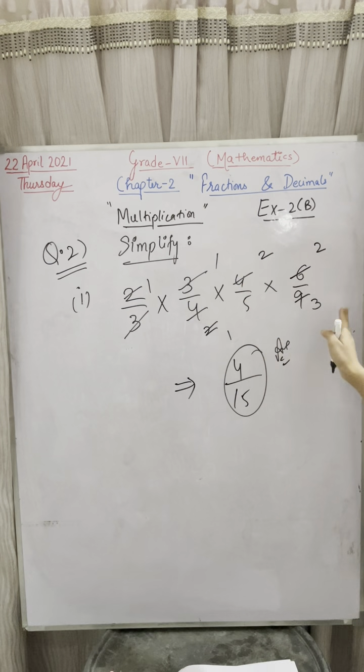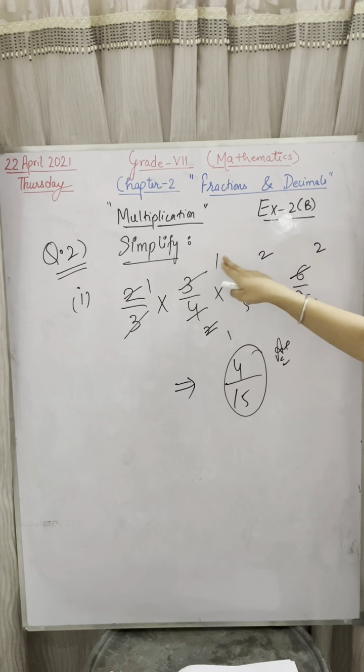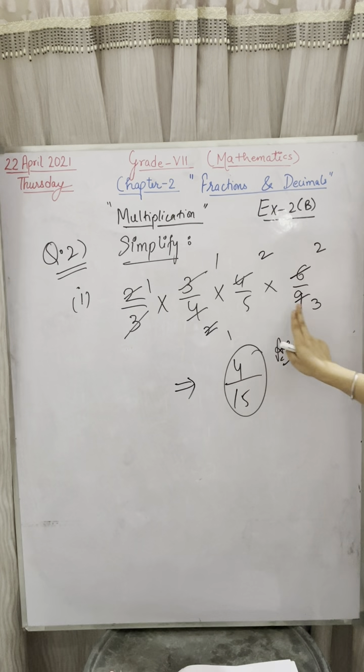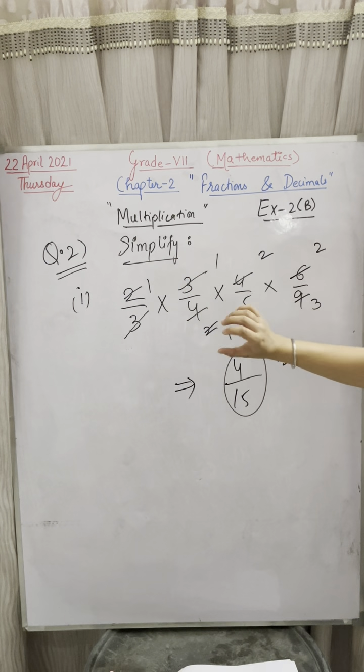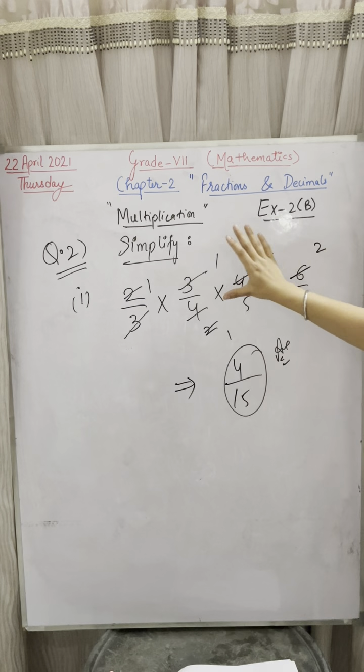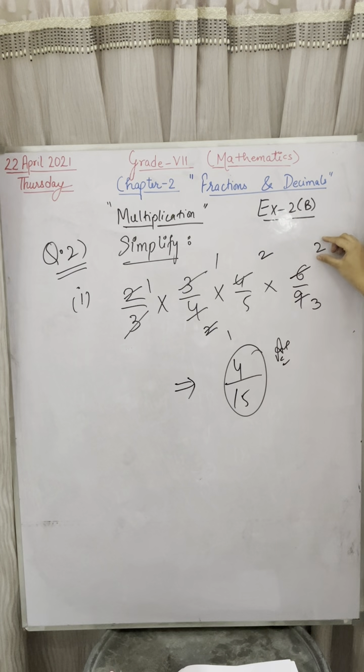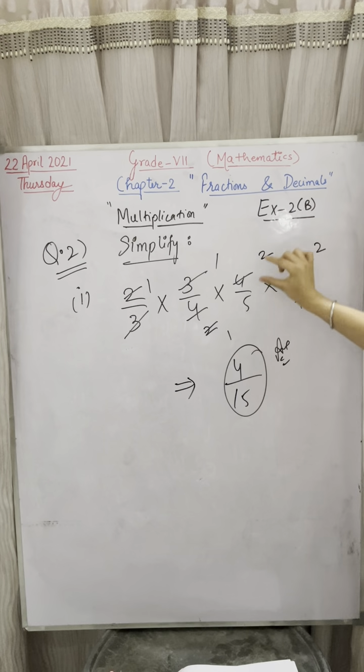In this way you can cancel and take out the answer. Multiply numerator with the numerator and denominator with the denominator. After cutting, you have to multiply whatever terms are left.